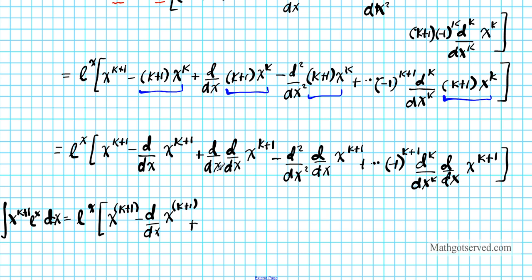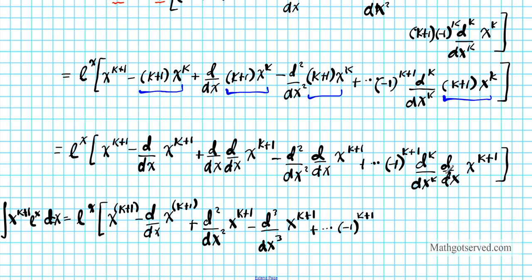Plus, now if you multiply this 2, you're going to have the second derivative, d squared dx squared of x to the k plus 1. All right, and then minus, if you do that here, you're going to have the third derivative, d third dx cubed of x to the k plus 1 plus dot dot dot negative 1 to the k plus 1.